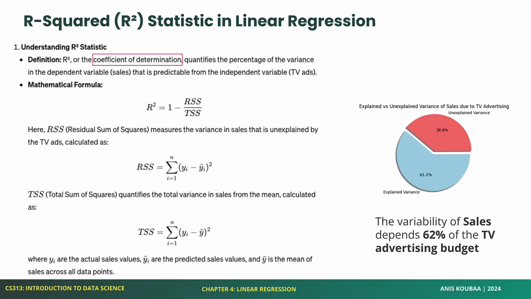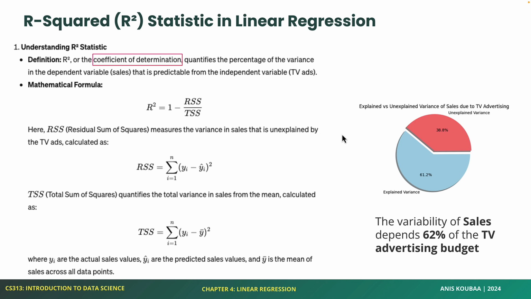What is the level of impact of the television budget with respect to the sales? R-square provides an indication about this type of relationship, and it is measured by 1 minus the residual sum of squares, the observed minus the predicted, divided by the TSS, which is the observed minus the average.